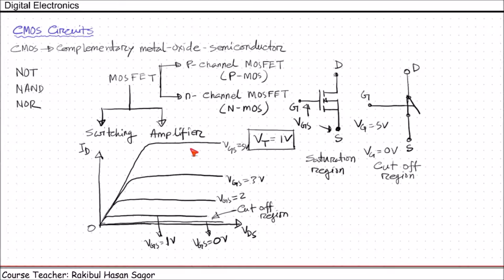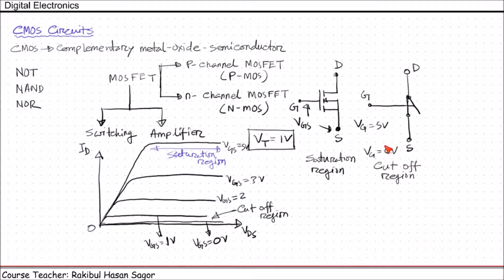And this region is named as saturation region. So when the switch is on, that means the switch is shorted. This is termed as switch is on. So when the switch is shorted or switch is on, this will operate in the saturation region.